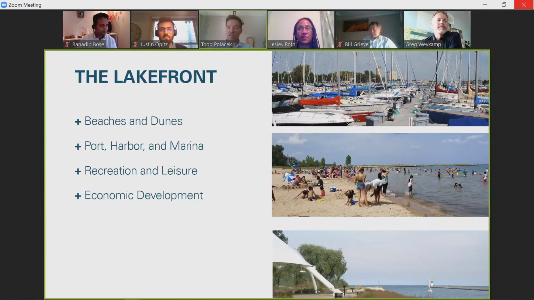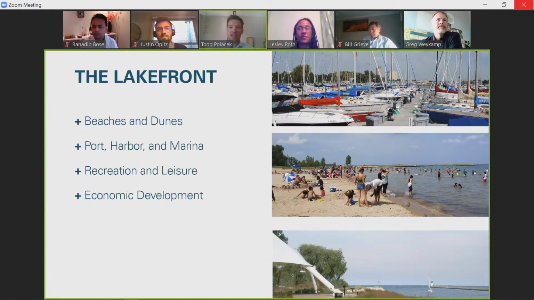So accessibility, trails. Justin talked a little bit about bicycle connections, which was really critical in our coloring of how to think about lakefront and economic development and everything rolled up.